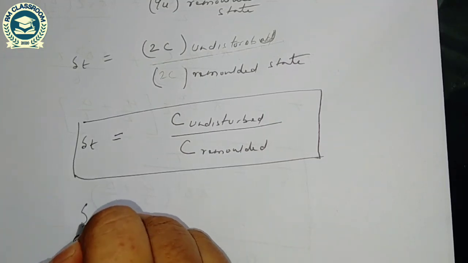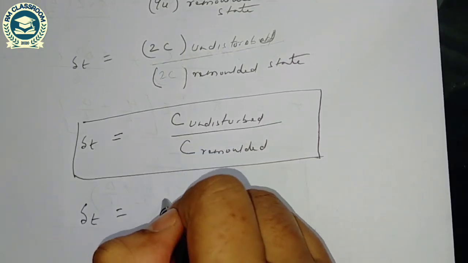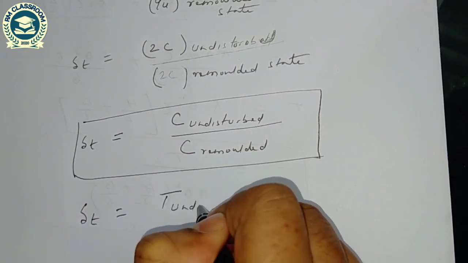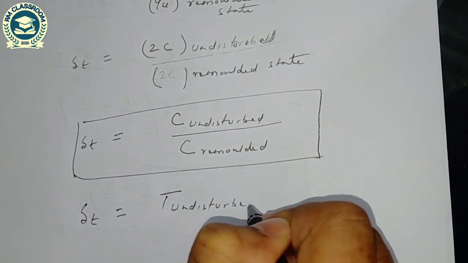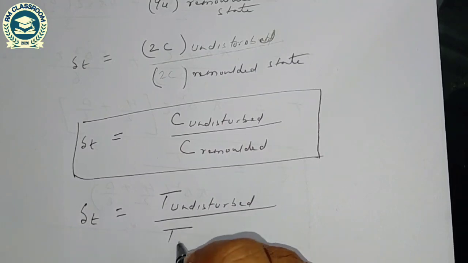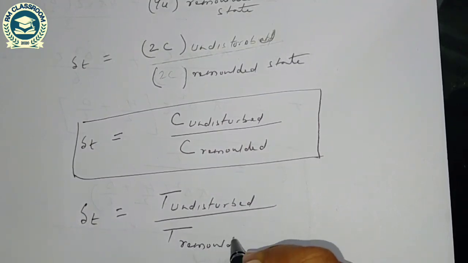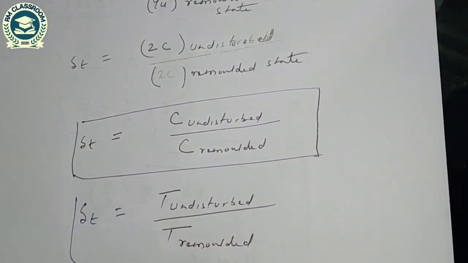And we can also write sensitivity as the torque applied in undisturbed soil divided by torque applied in remoulded soil.